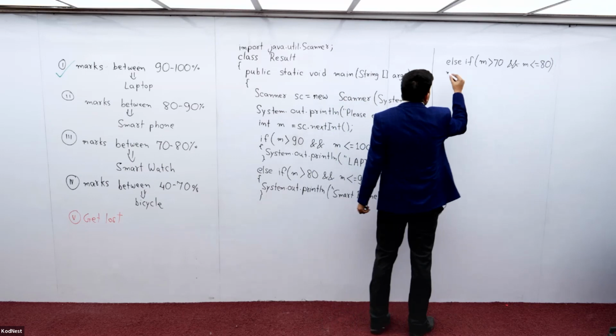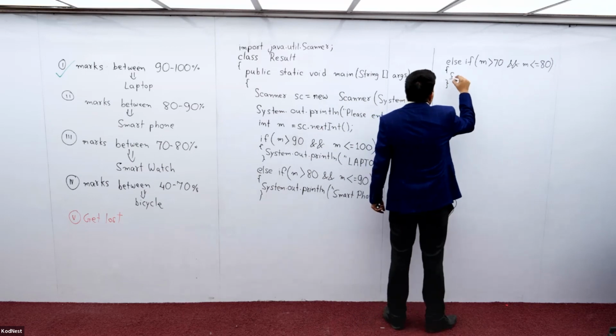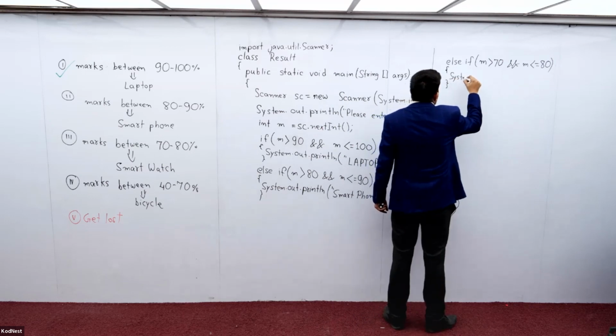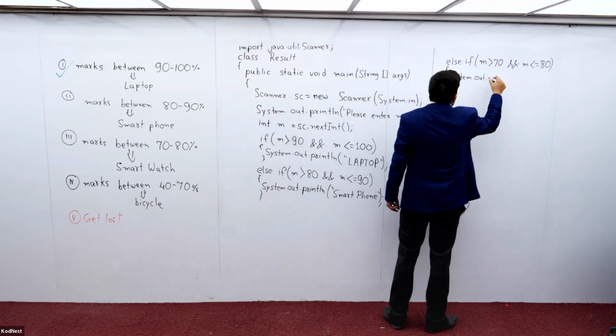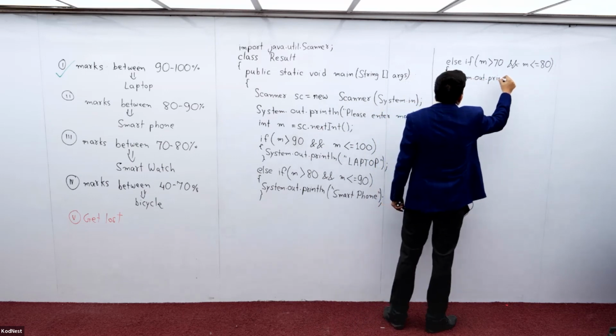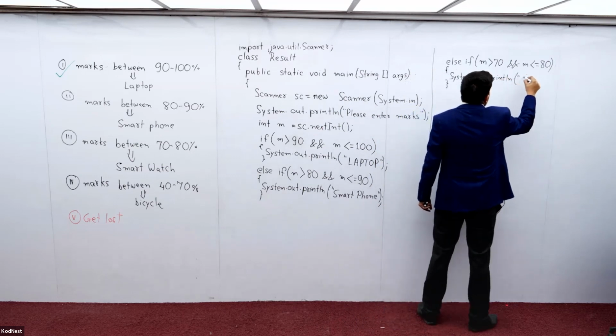If this happens to be the case, what are we supposed to get? We are supposed to get a smartwatch. Maybe I'll say system dot out dot println. Maybe I'll say smartwatch.